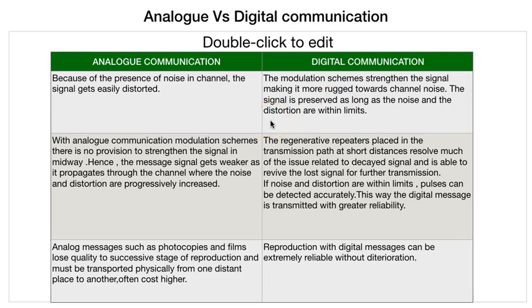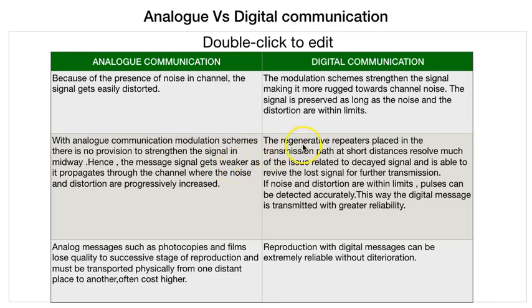Mostly in digital communication, we use regenerative repeaters, and in analog communication, we just use amplifiers and a modulation scheme to strengthen the signal midway. What's the difference between both of them? The devices used to strengthen the analog signal strengthen not only the signal but also the noise.